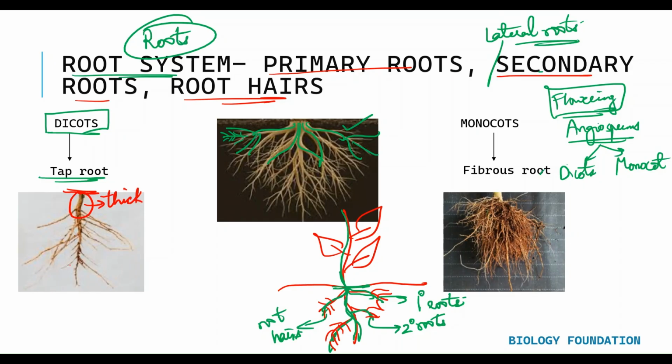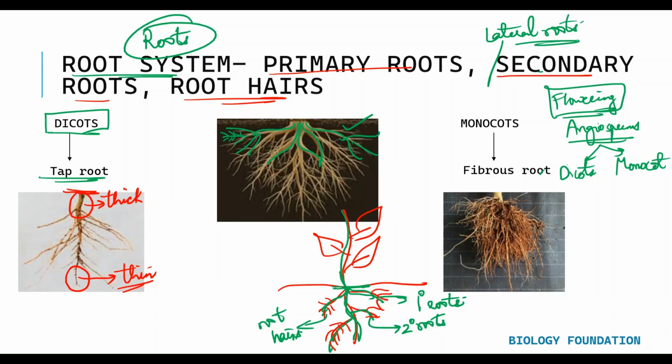This portion of the root is thick, while at the end, as it moves down, the root becomes thin. So, tapering, that's what they say. At one end, the root is quite thick, whereas at the other end, it is quite thin. So that's about the taproot, where you have a single main root, and from the main root, lateral roots start developing. So that is about the taproot system.